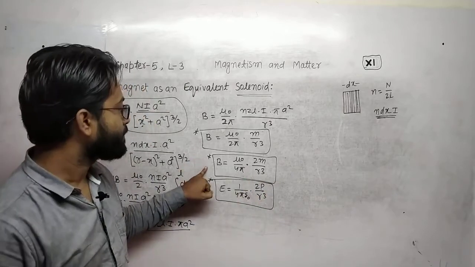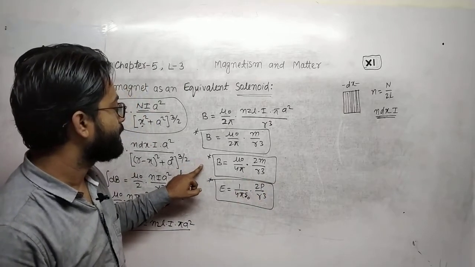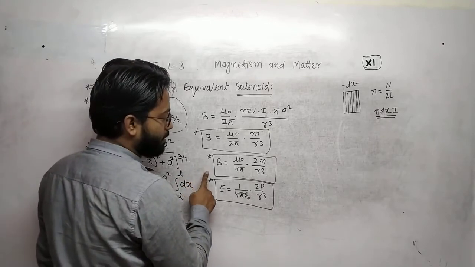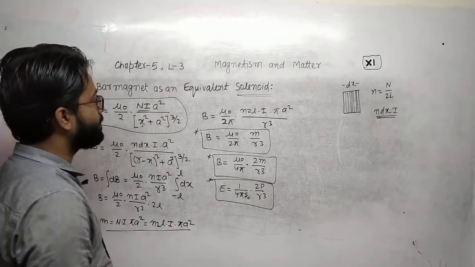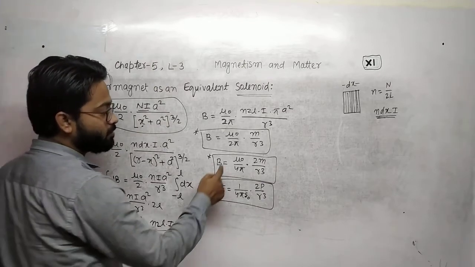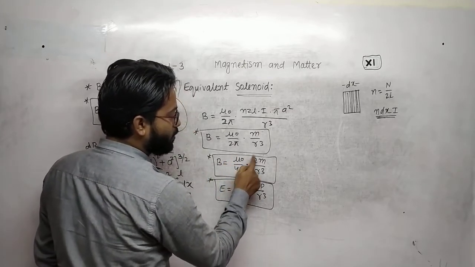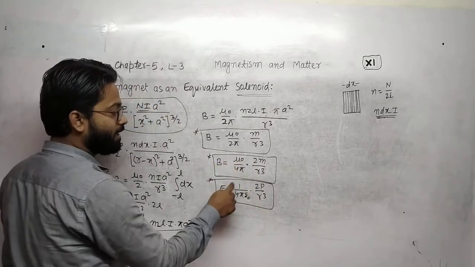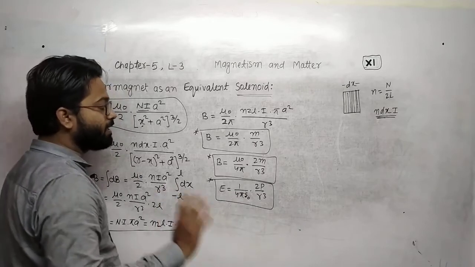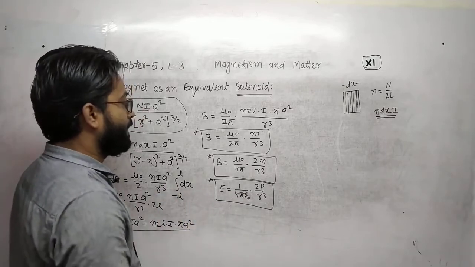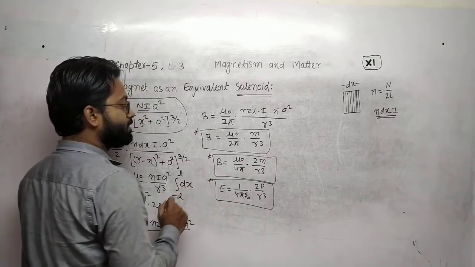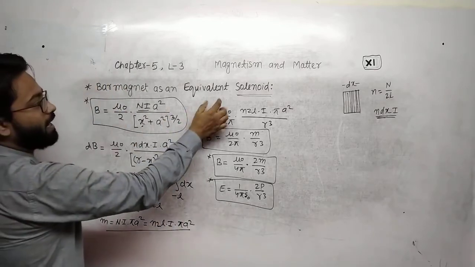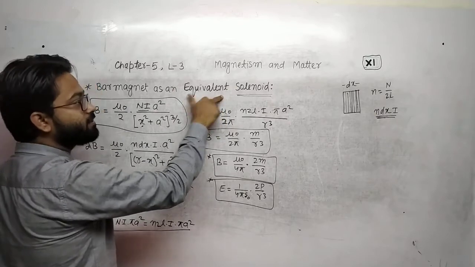Similarly, the magnetic field on the axis of a bar magnet will be mu naught by 4 pi into 2m upon R cube, where mu naught by 4 pi is a constant for magnetic field and 1 by 4 pi epsilon naught is the constant for electric field. On comparison we can say that a bar magnet will act as an equivalent solenoid.